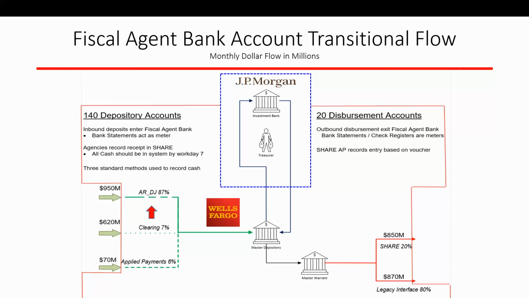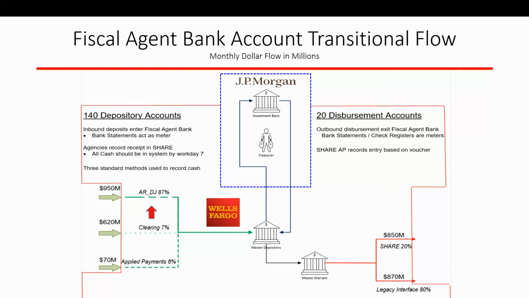On a monthly basis, over $1.6 billion flows into this particular system. 950 million on average on a monthly basis flows in and is recorded in SHARE using the direct journal process.